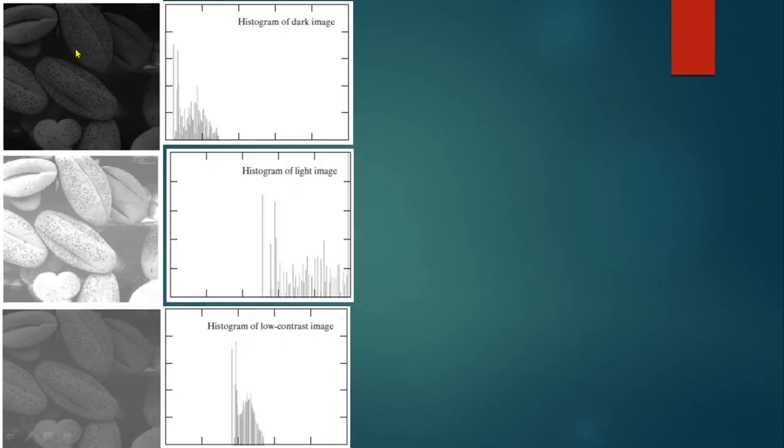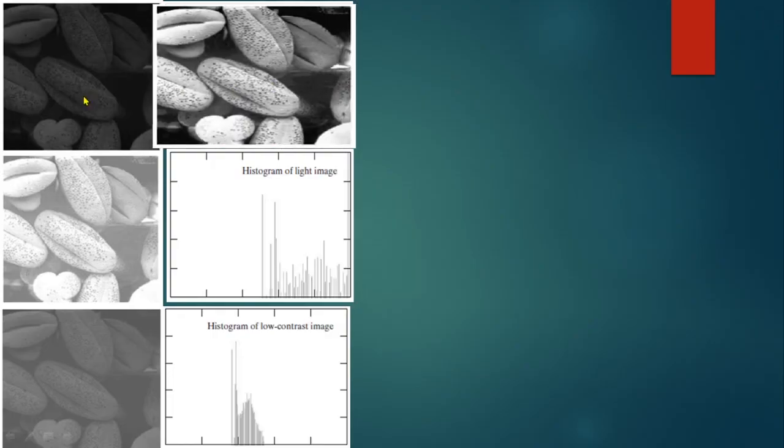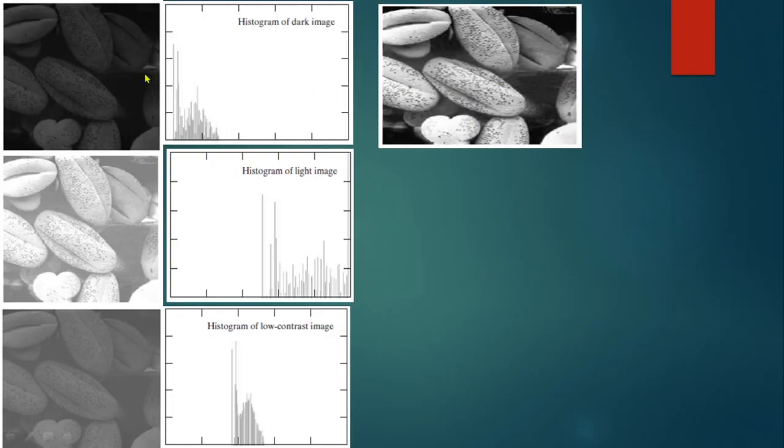To get the perfect image or enhanced image, you have to apply the histogram equalization. Suppose you apply histogram equalization on this image, we get this image. This is the enhanced image.